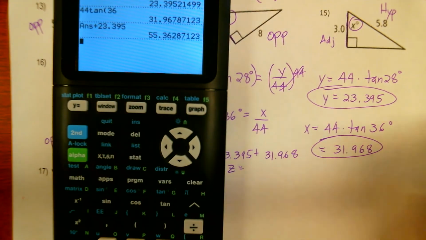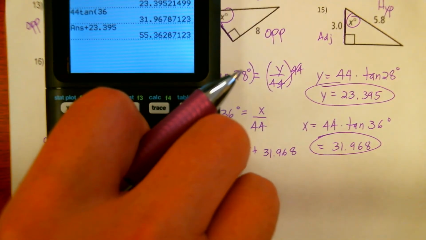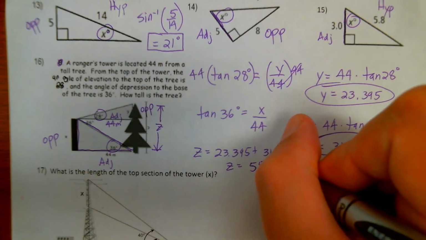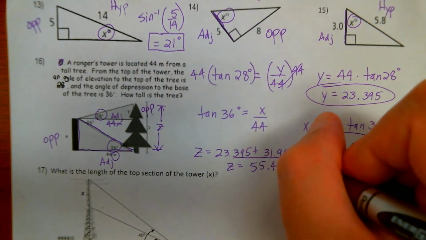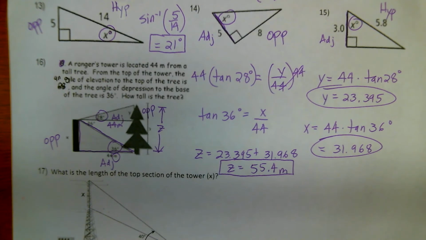Now that I'm at the end, I'll go ahead and round this to the nearest tenth. It doesn't tell us what to round to, so I'll round to the nearest tenth and say that is 55.4 what? Meters. This is a real life application problem, so we need those units. 55.4 meters.